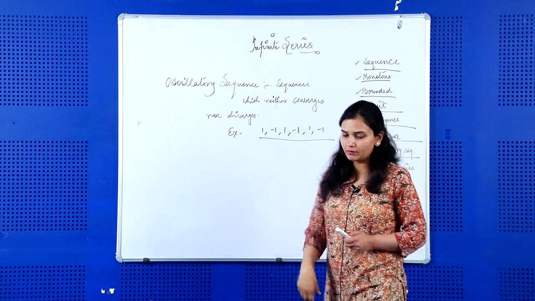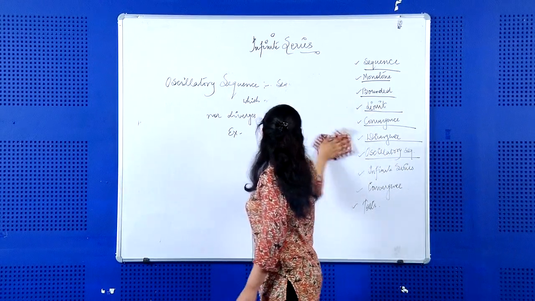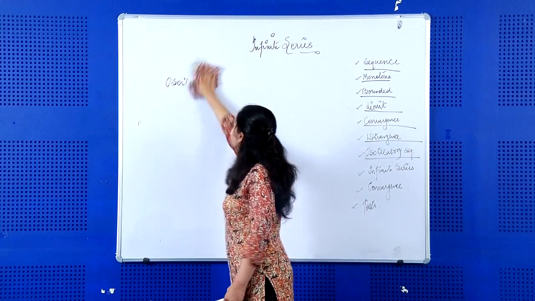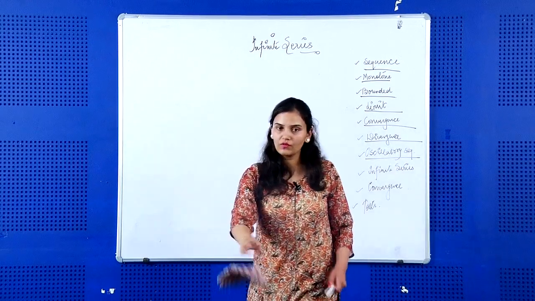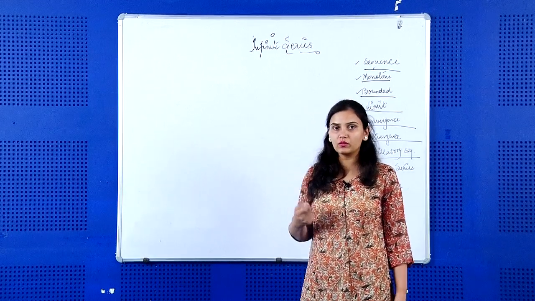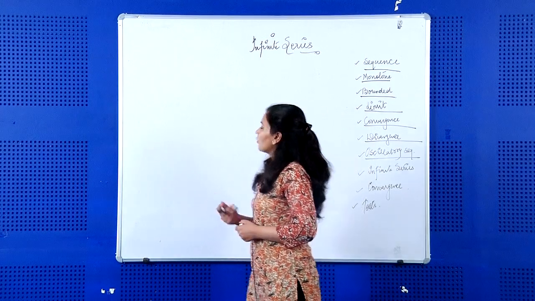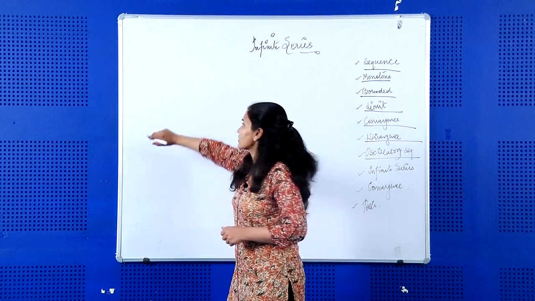Now, coming to the main module, our main chapter, that is infinite series. What is an infinite series? We have studied sequence. A sequence is a set of real numbers following a certain pattern. Now, sequences or series.